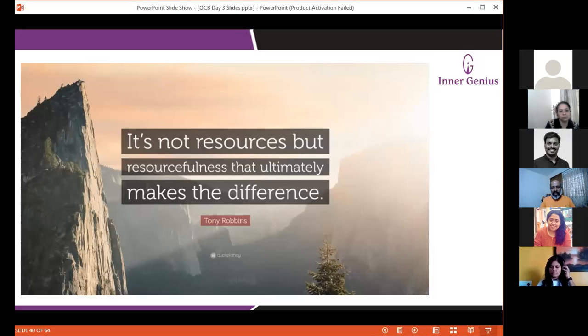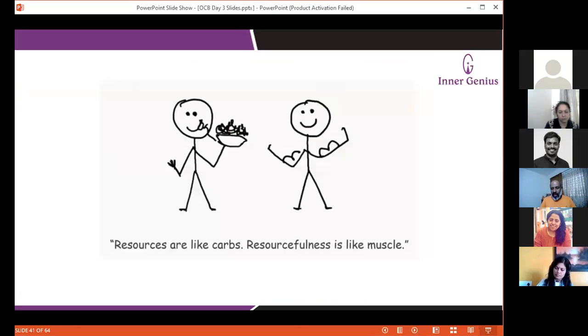I'll repeat that point a little later. But it is resourcefulness. So what is the difference between resources and resourcefulness? Resources are like carbohydrates. You need it, it converts to energy and you expend it. Resourcefulness is like a muscle. Once you develop it, it stays with you. So it's got more to do with your mental setup.